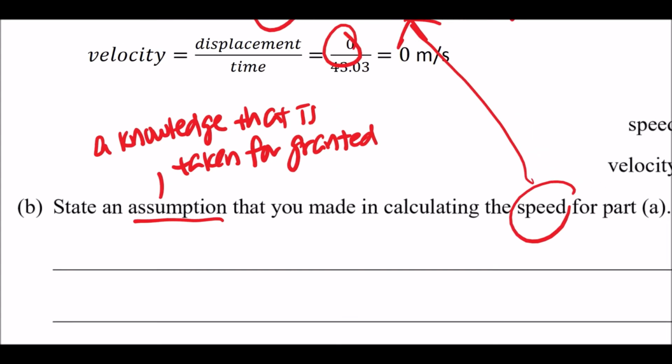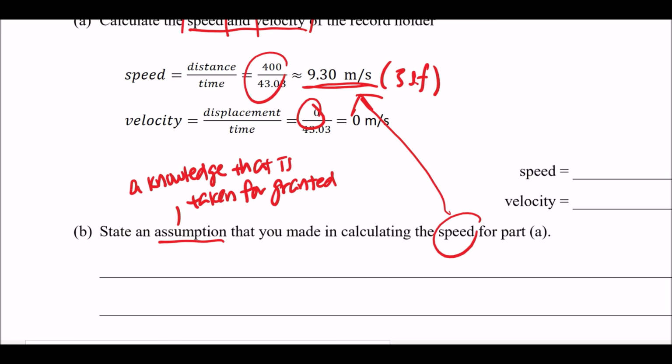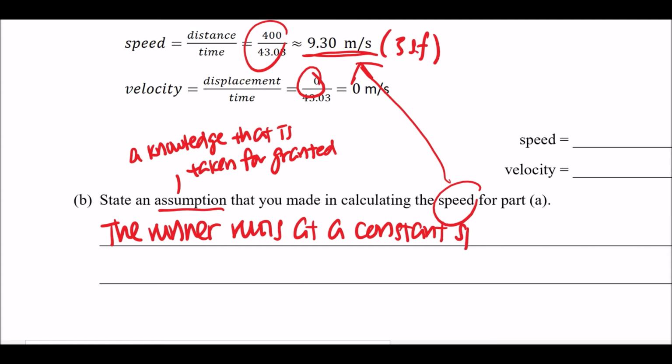So in this case, what is the assumption that you made when you calculate the speed 9.30? Well, the answer is you assume that the person runs at a constant speed of 9.30 meters per second throughout the whole race. So the assumption here is the runner runs at a constant speed throughout the race.